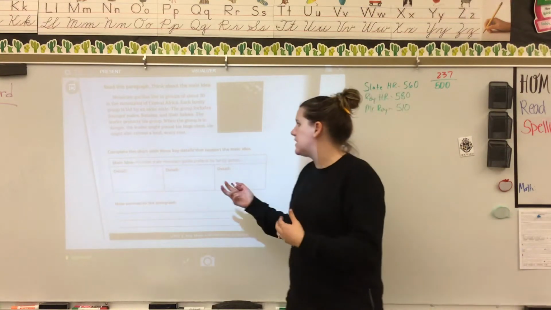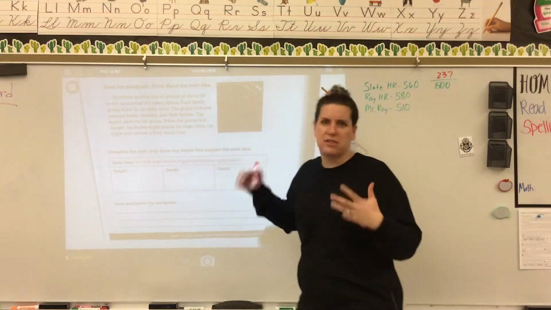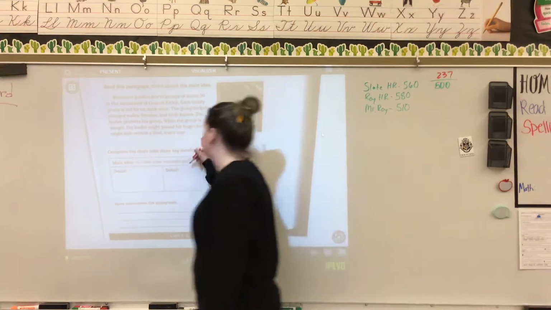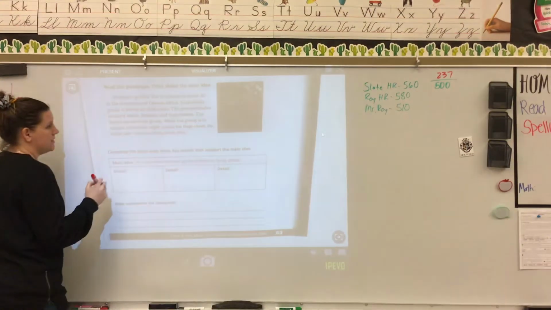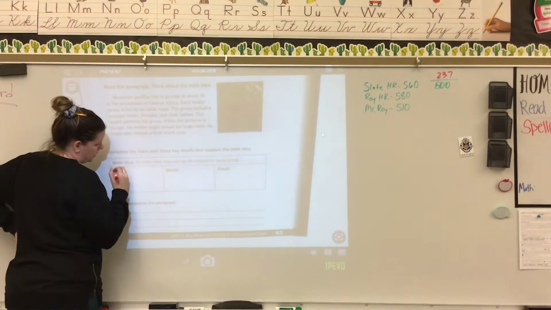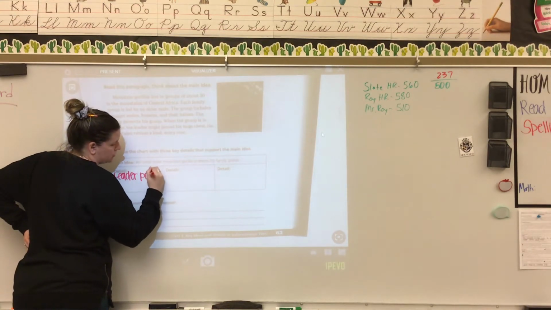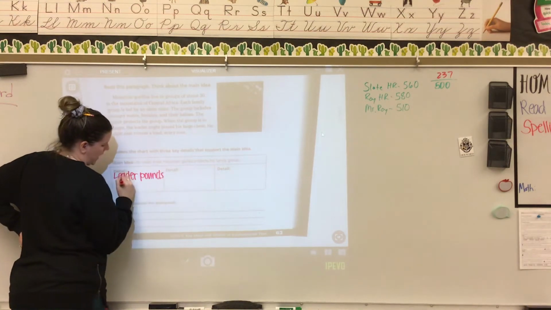What are things that show in here that he's protecting his group? Let's see, he might pound his huge chest. So the leader pounds chest.